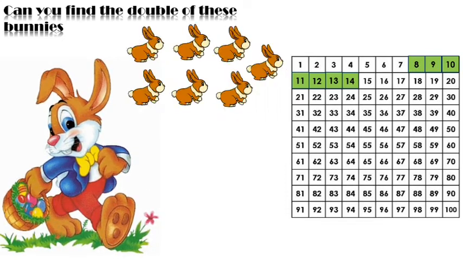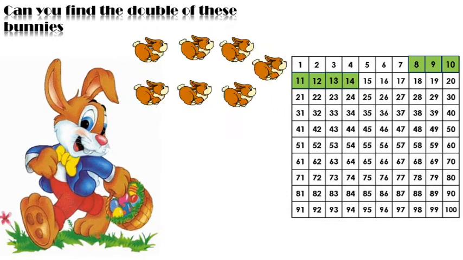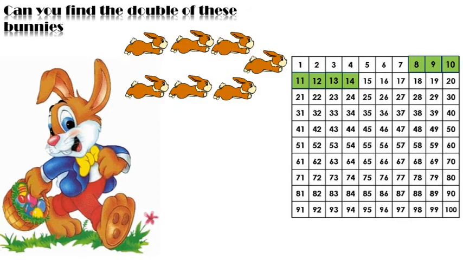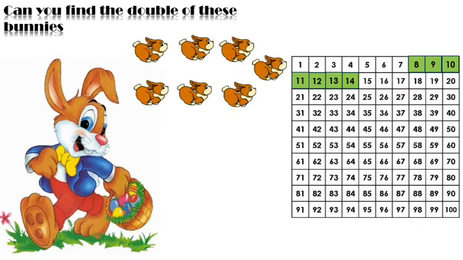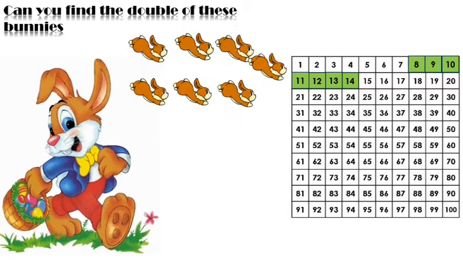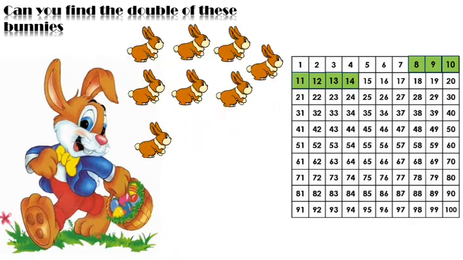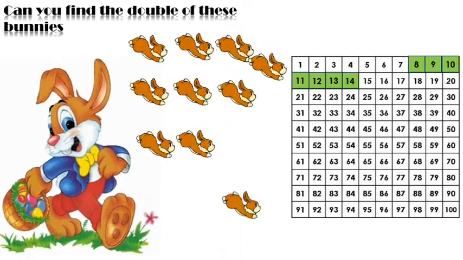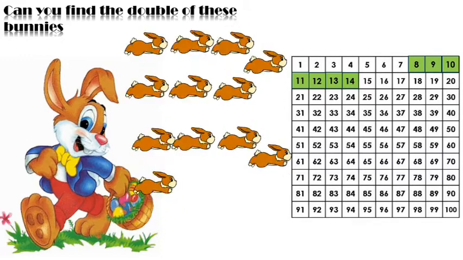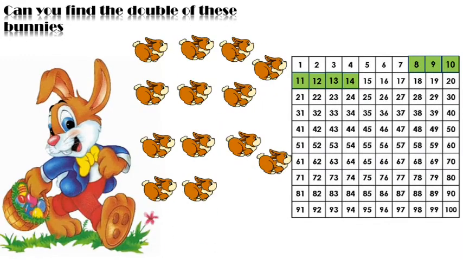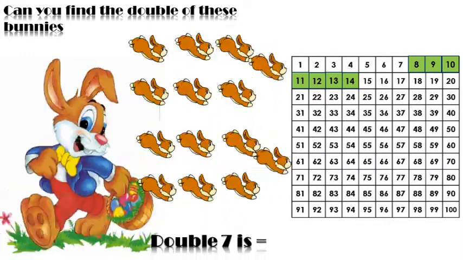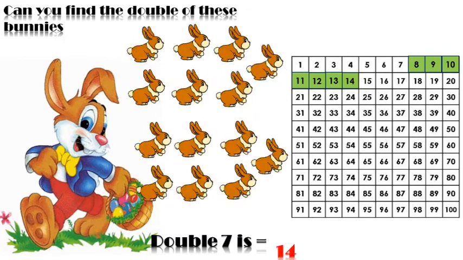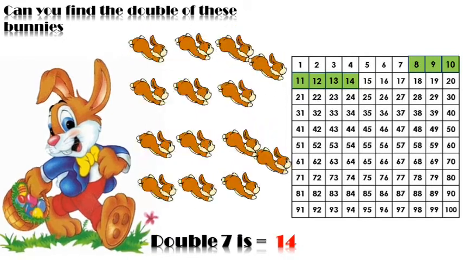So, what we get? Yes, we got 14, which means if we add 7 more bunnies to here, we get 14. The double of 7 is 14.